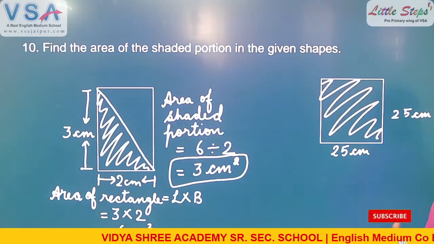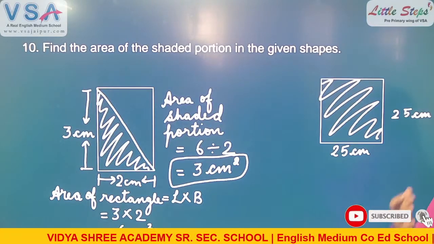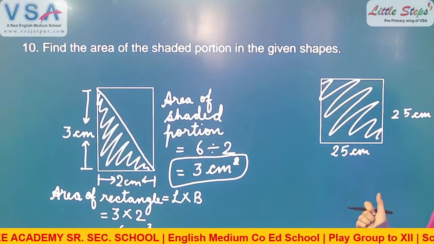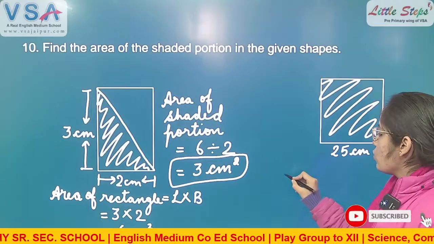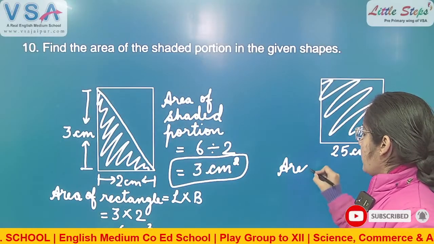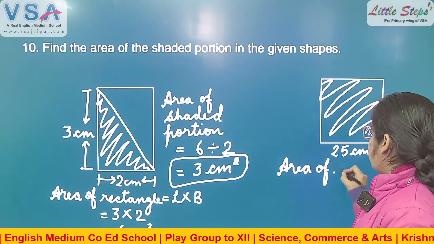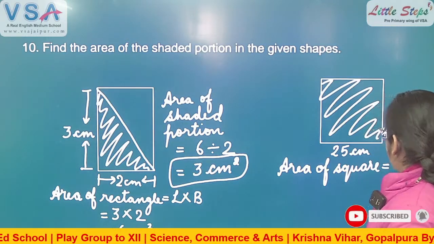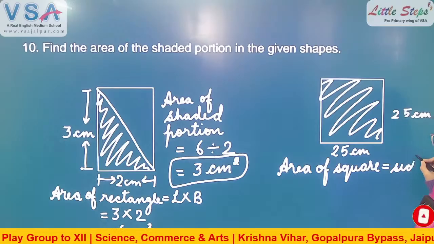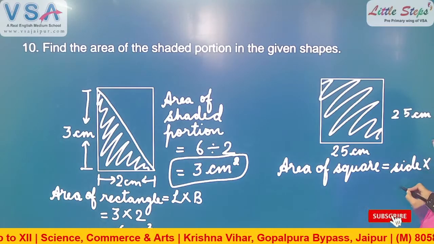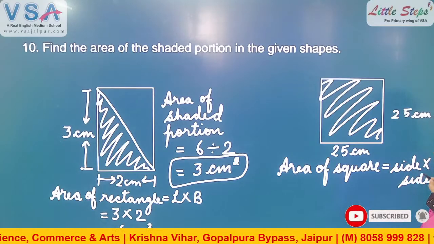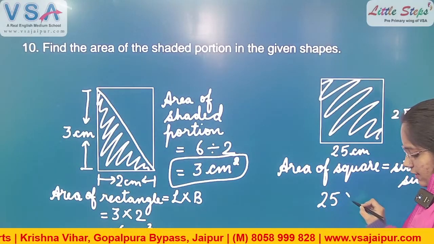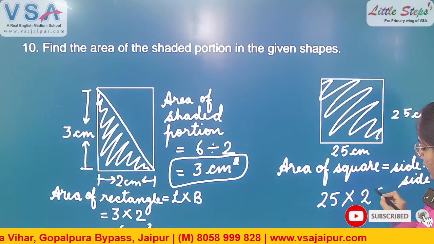So we have to use the formula for the area of a square, and the formula is side multiplied by side. We have the side measurement, that is 25, and another is also 25.